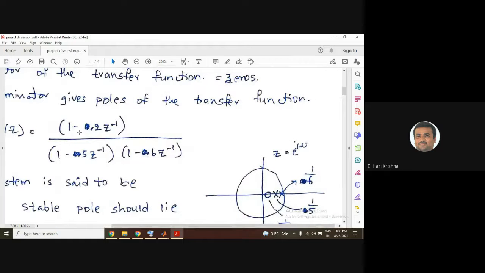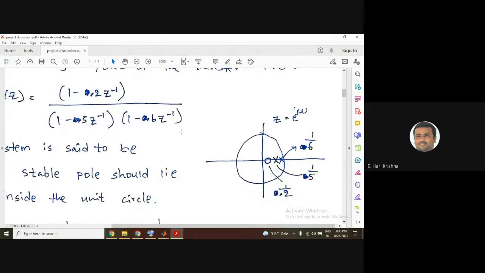I have equated the numerator to 0 and represented it with a symbol 0. And equating the denominator to 0, 1 minus 5 z inverse, you will get 1 by 5, one pole, and 1 by 6 is another pole.